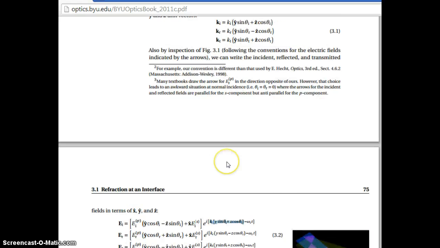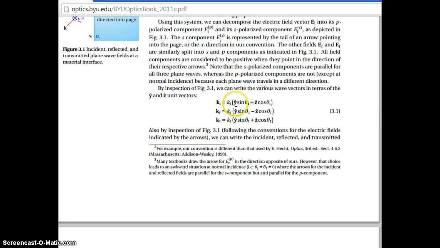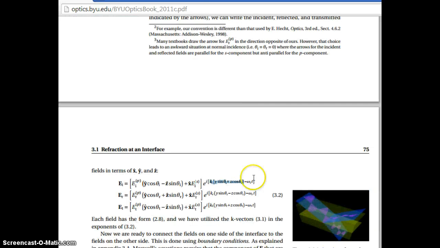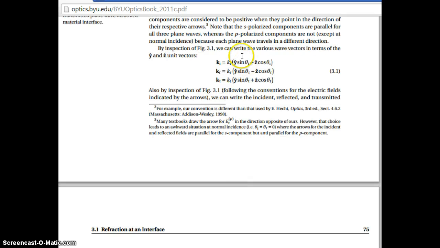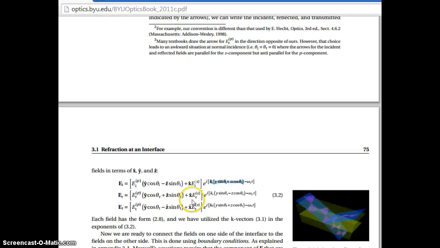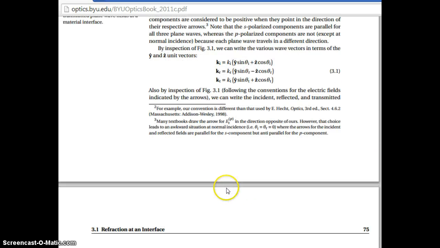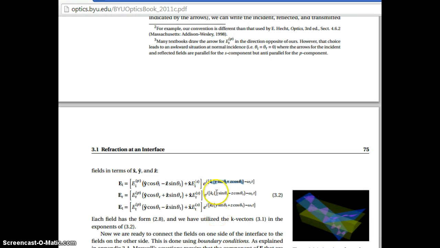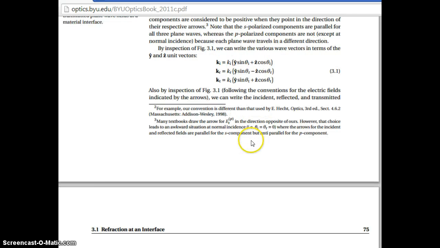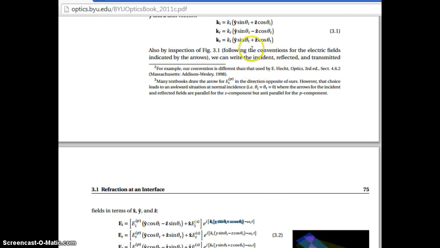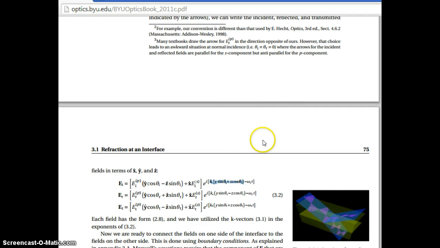Because there's no x hat component in k, that term is extinct. The y hat combines with the y sine theta to give us y sine theta, and our z hat combines with our z cosine theta to give us z cosine theta. There are no directions left.